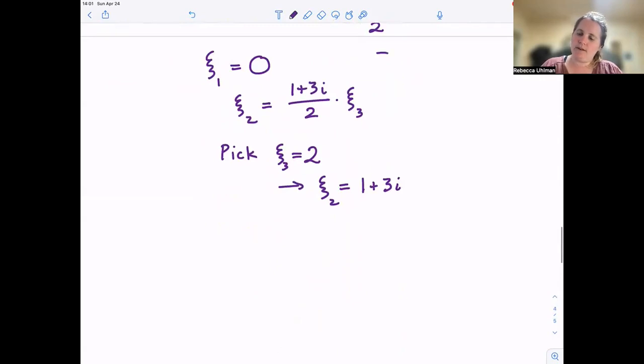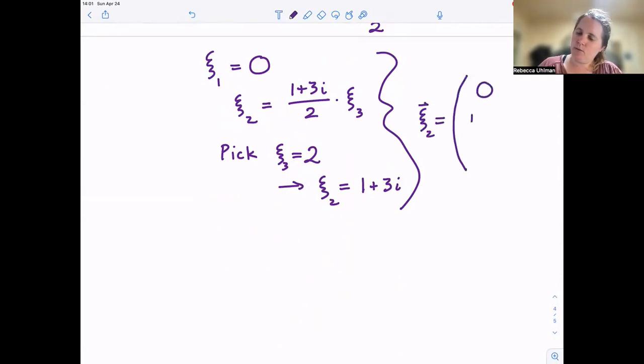So putting this all together, we have our xi2 vector is equal to 0, 1 plus 3i, 2.